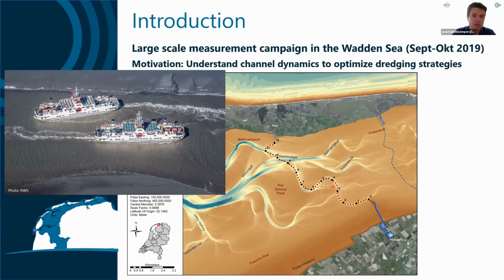You can see here, this part, a shortcut was dredged to reduce the time for the ferry to go between the mainland and the island. And the measurements presented here were done to compare with a similar campaign before this shortcut was constructed, to be able to see what differences it made in hydrodynamics and morphodynamics in this area.